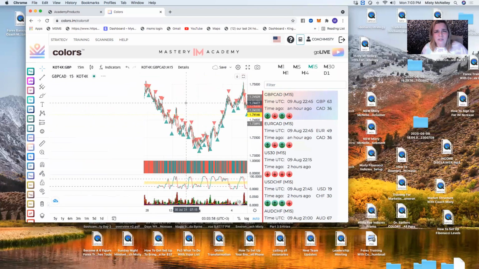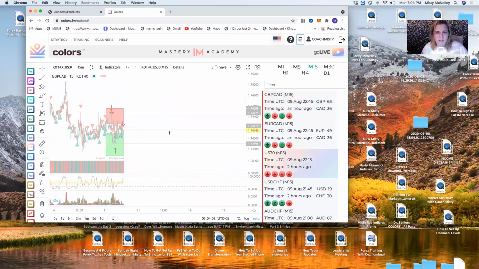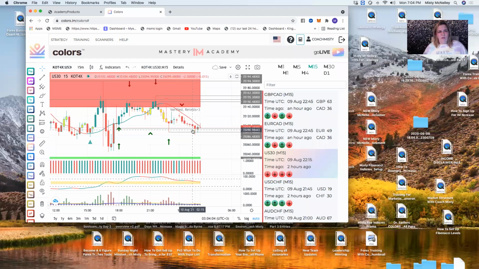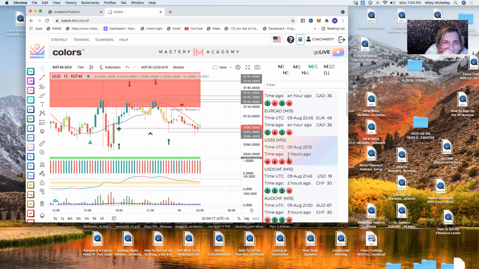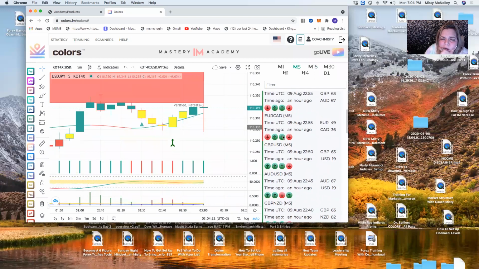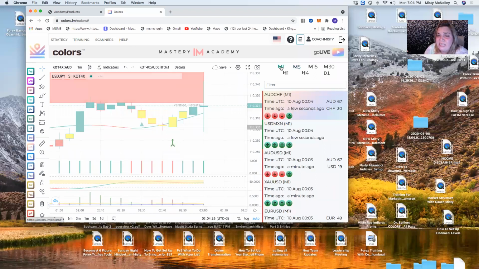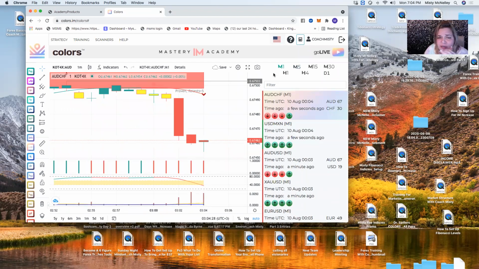Okay, so let's just see what we've got going on here. Nothing where all the colors are lined up. But it is Asian session too, and the markets totally go sideways.